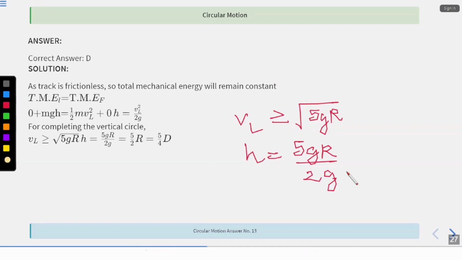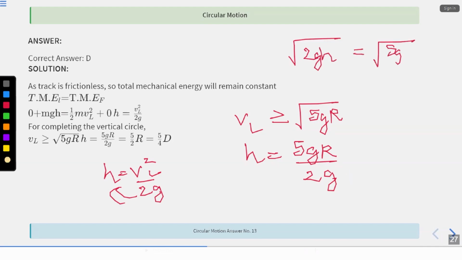Here you basically got h is equal to v square L by 2g. So I'll just substitute the values over here. So v square L is 2gh. So basically I can write it as root 2gh is equal to root 5gr. So cancel the roots, and cancel the g also. H is equal to 5r by 2.